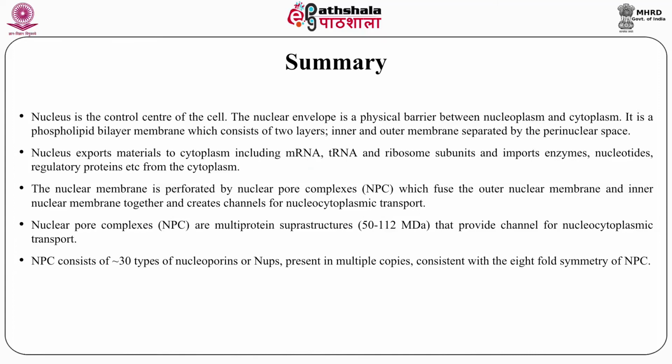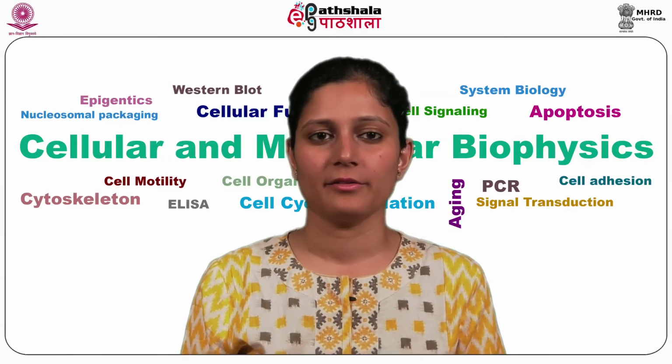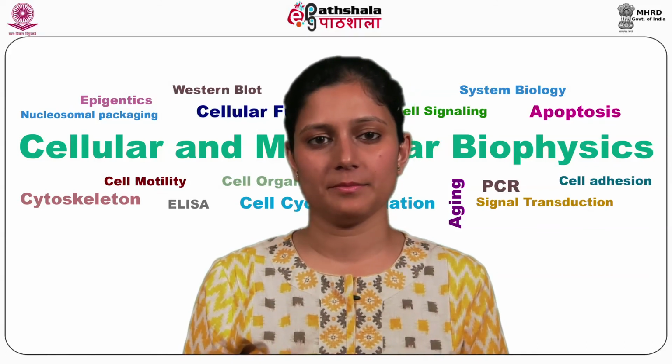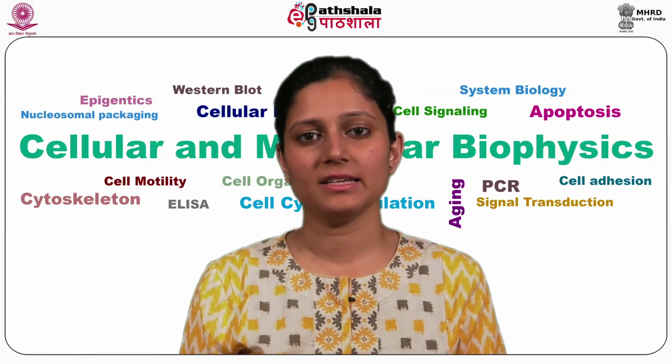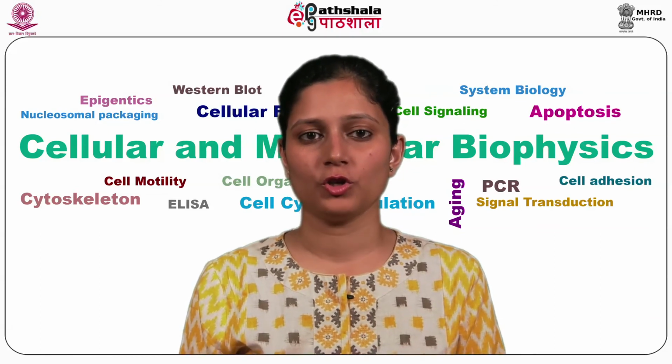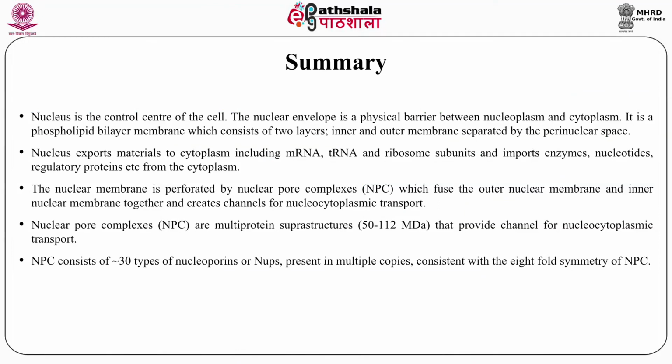The nuclear membrane is perforated by nucleopore complexes, which fuse the outer nuclear membrane and the inner nuclear membrane together and create channels for nucleocytoplasmic transport. Nucleopore complexes, also known as NPC, are multi-protein superstructures that provide channels for nucleocytoplasmic transport.